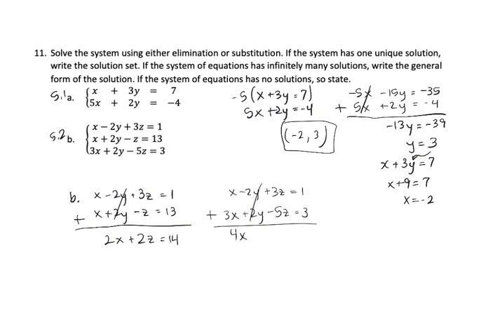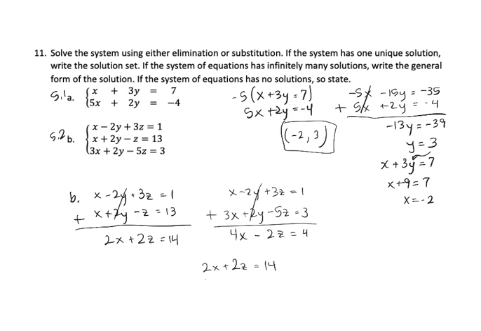So now we have 4x minus 2z equals 4. So now if we combine these two, the result from step 1 and the result from step 2, we have 2x plus 2z equals 14.